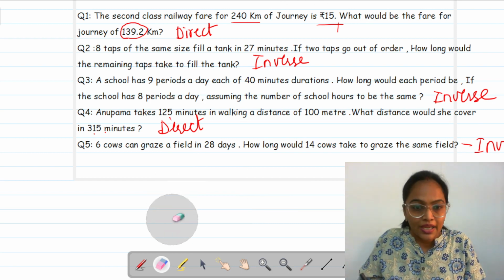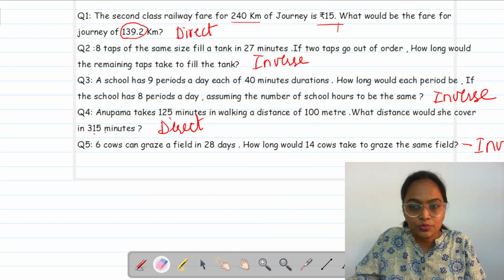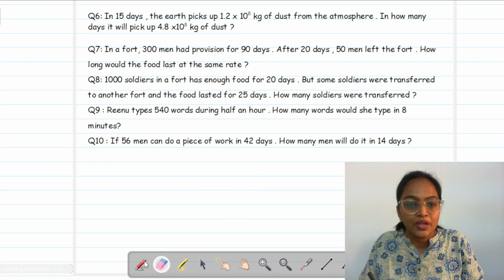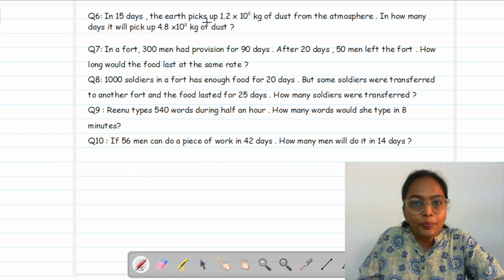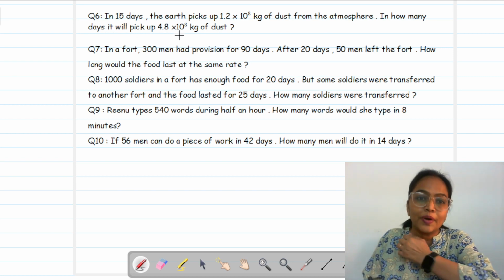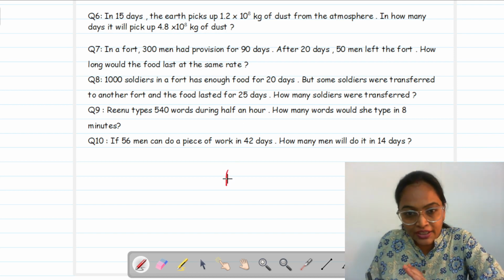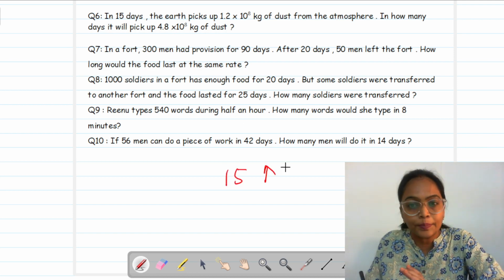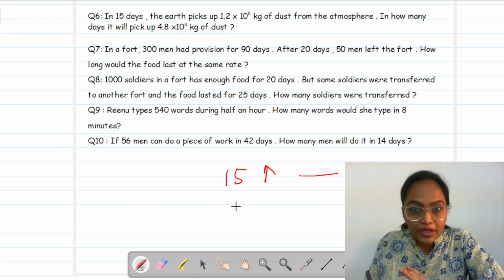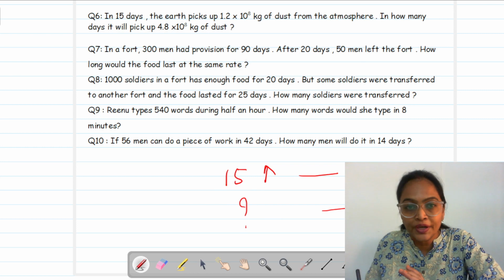Now another, I have some more examples, we'll see those as well. In 15 days, the Earth picks up 1.2 × 10^8 kg of dust from the atmosphere. In how many days will it pick up 4.8 × 10^8 kg of dust? So if in 15 days it is picking up 1.2 × 10^8, in how many days will it be 4.8?